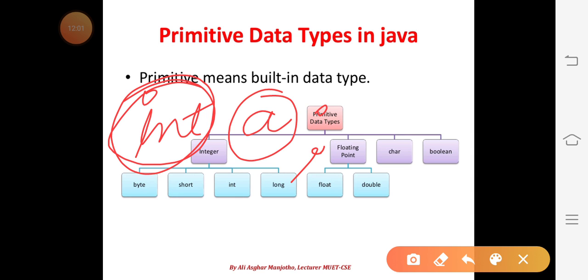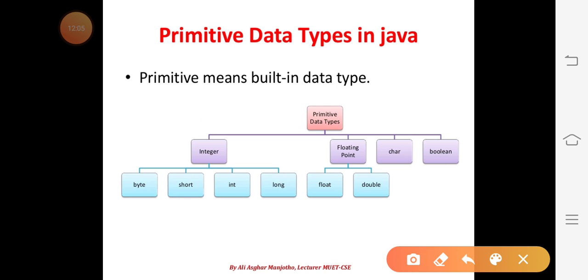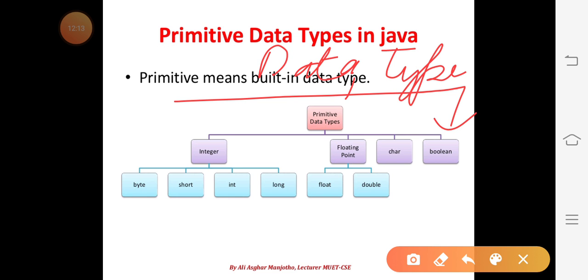Now data types are of two types, namely primitive and non-primitive. You will make a diagram here, do not make the diagram given here. Data types are primarily divided or categorized into two types. Here you write primitive types, here you write non-primitive types, right?